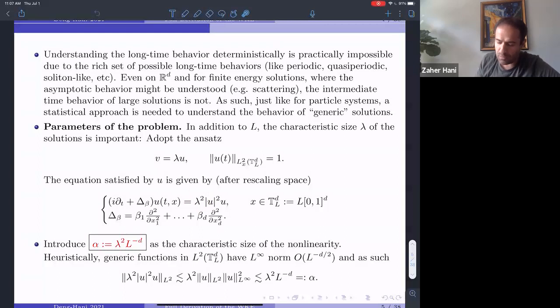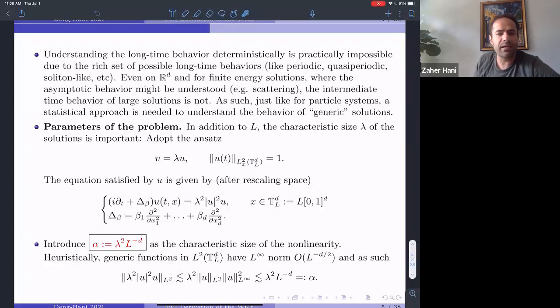Here we also rescaled space so that we're working on the square torus of size L, [0, L] to the d, with periodic boundary conditions, but this comes at the expense of twisting the Laplacian by factors beta 1 up to beta d, which are of course related to gamma 1 up to gamma d. We can think of those as being the aspect ratios of the torus.